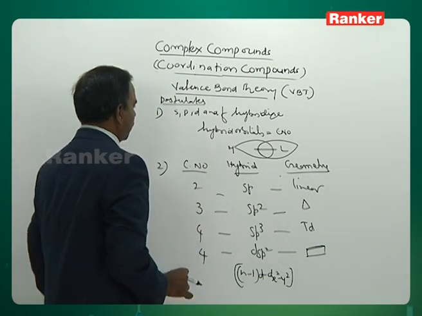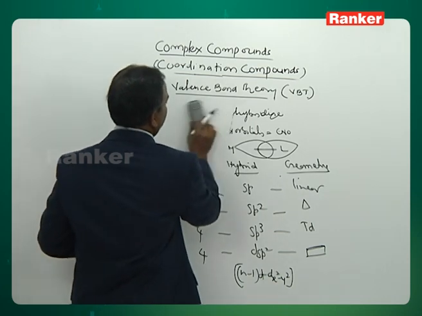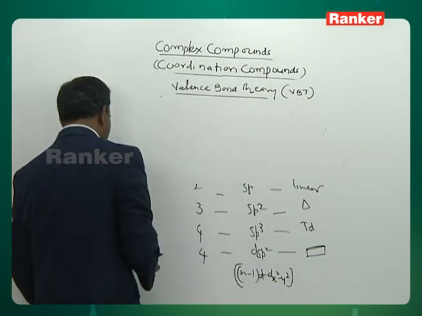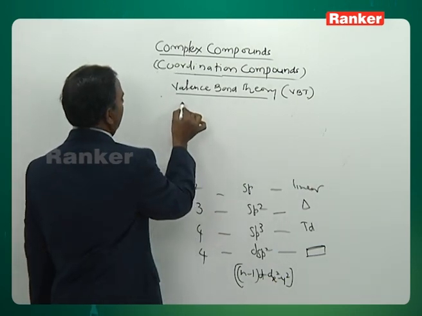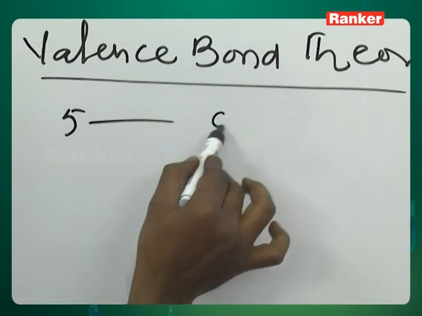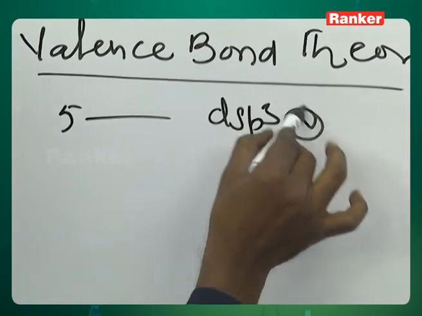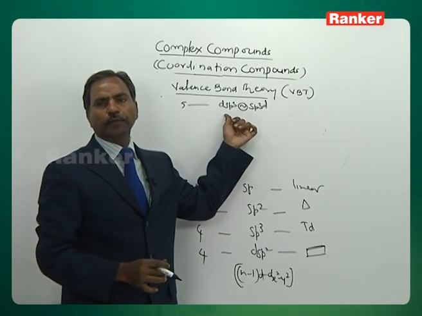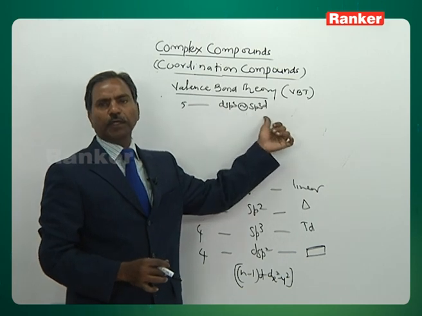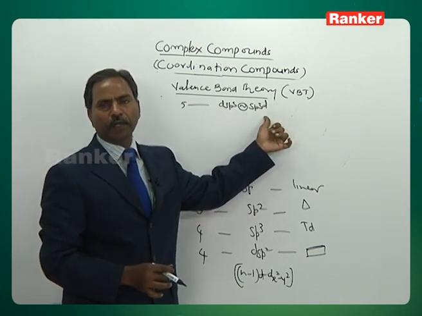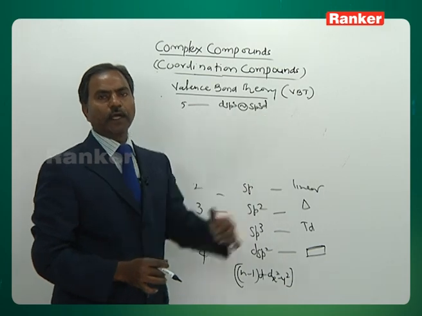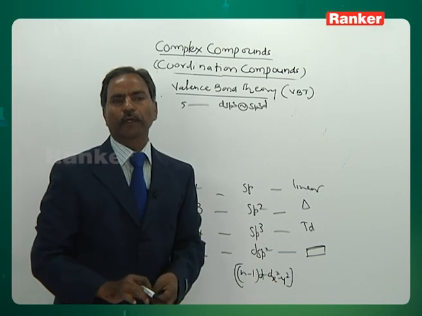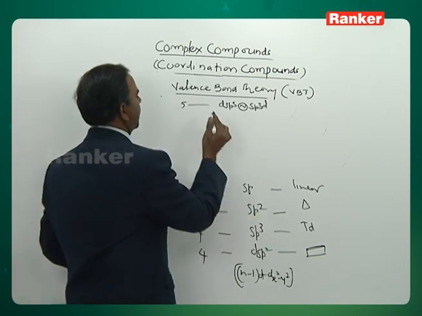Next, coordination number 5. Once you take coordination number 5, the possible hybridization is dsp3, or you can take sp3d. dsp3 stands for inner orbital complex, and sp3d stands for outer orbital complex. And again, out of 5 d orbitals, which d orbital is participating in this hybridization?